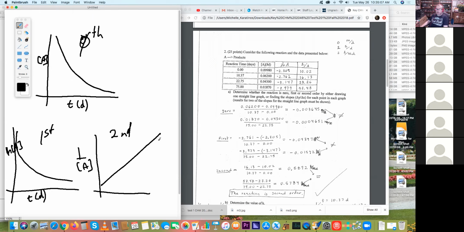Now we don't actually have to draw these graphs. We can do another thing to see if it's a curve or a straight line, and that is by comparing the slopes between different points on the graph. So in the 0 order, my recommendation, now it doesn't matter which points or sets of points you compare, but my recommendation is compare the first two and the last two.